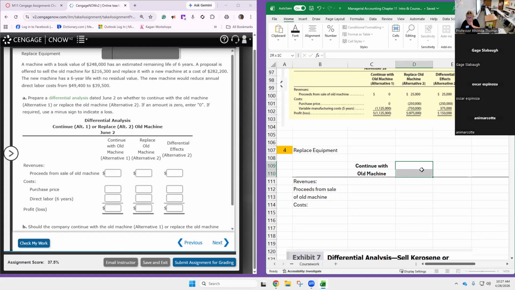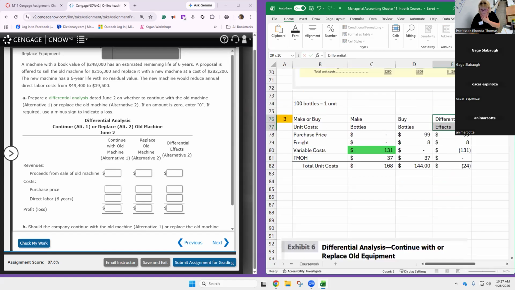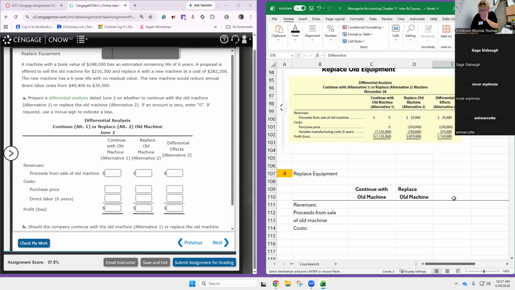And then this is replace old machine. I would say buy a new one, but oh well, that's okay. Replace old machine. And then our differential effects. Okay, so let's see what we can line up here about each of these scenarios.